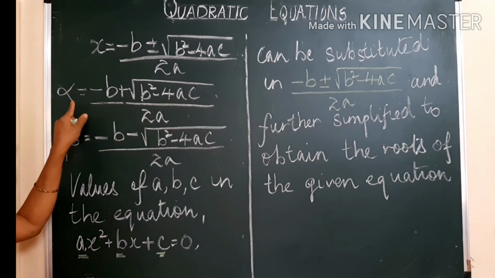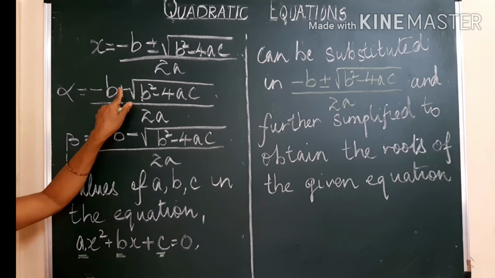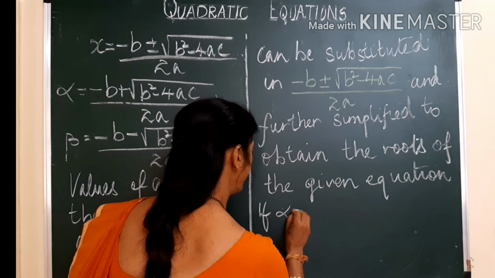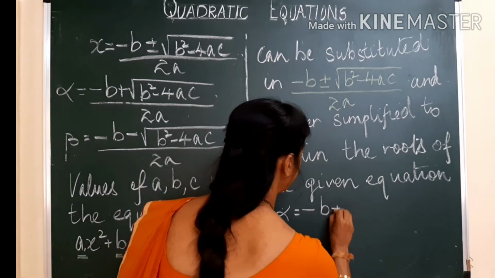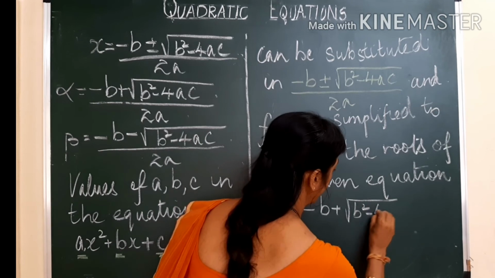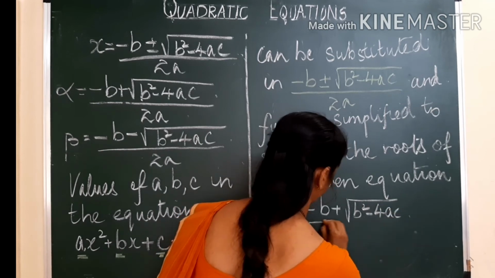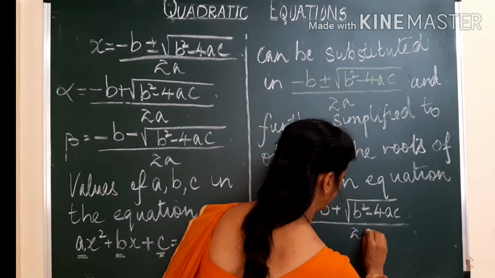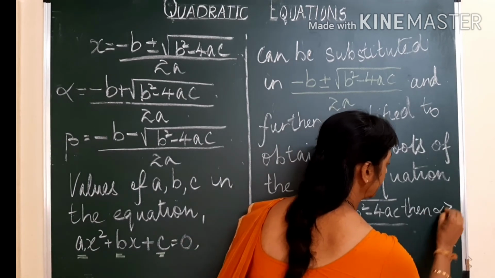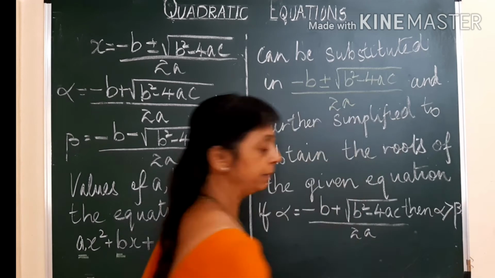Now children, if you term alpha as positive, that is if alpha is minus b plus root of b square minus 4ac upon 2a, then alpha will be greater than beta.